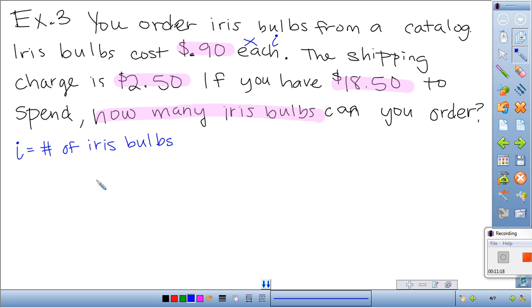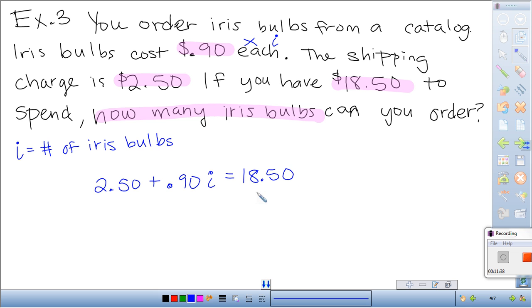So what am I spending? I'm spending $2.50 and 90 cents for every iris bulb I buy. And that can't be any more than $18.50. And again, we're just going to solve. So we start by adding or subtracting. The opposite of $2.50 would be to subtract $2.50 from both sides.